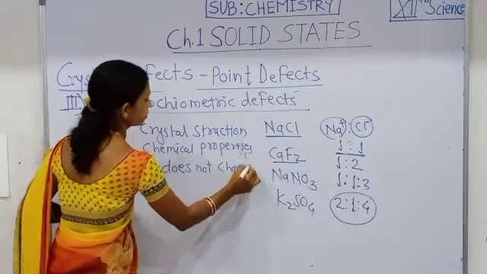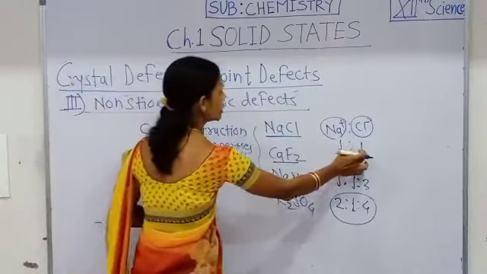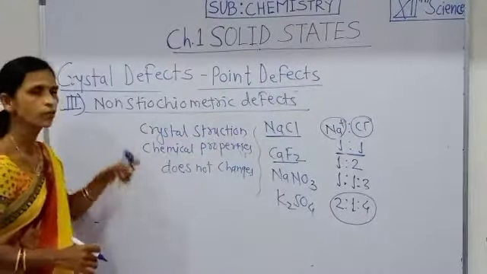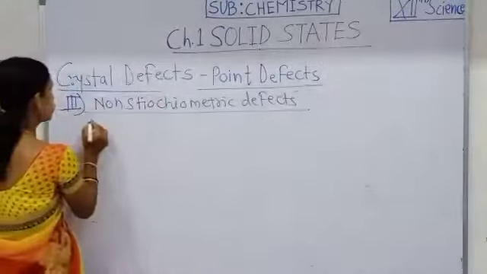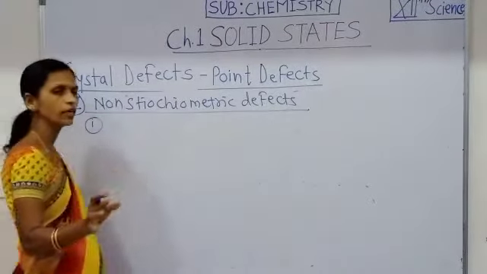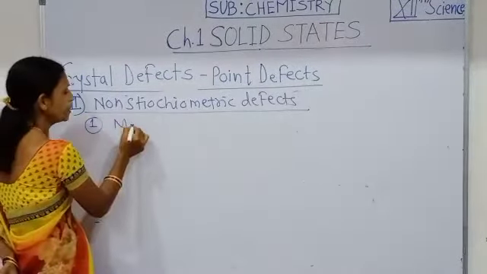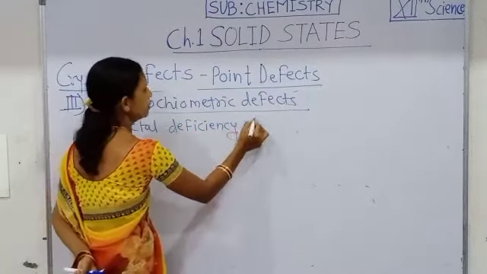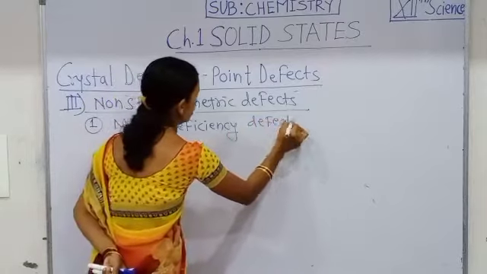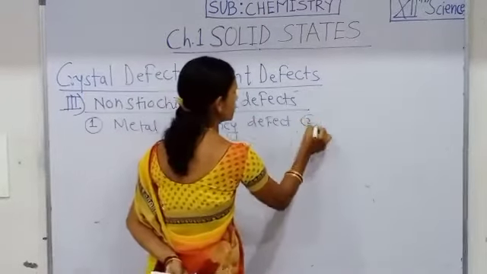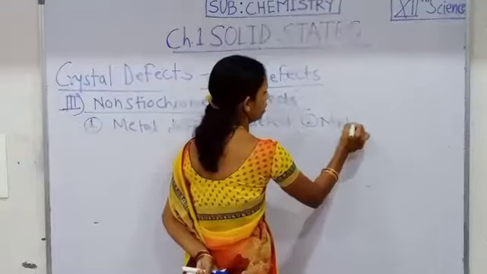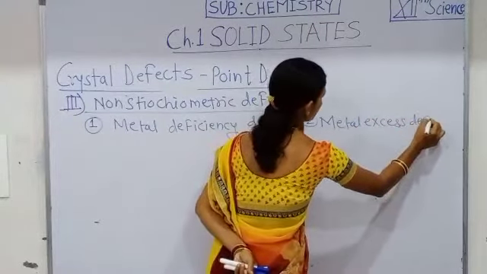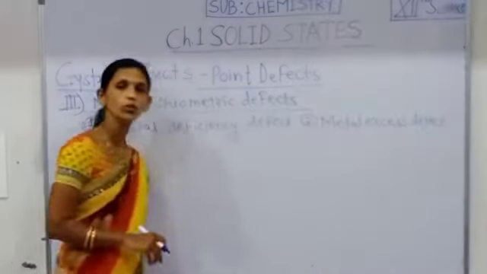That means only the stoichiometric ratio of the constituent particles changes. There are two types of non-stoichiometric defects, that is metal deficiency defect and metal excess defect.